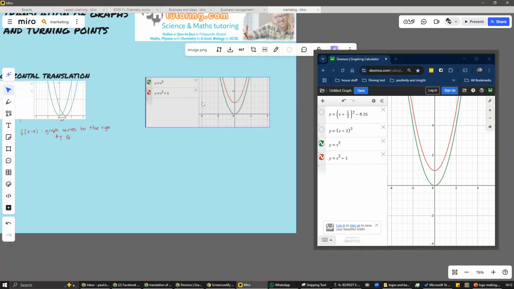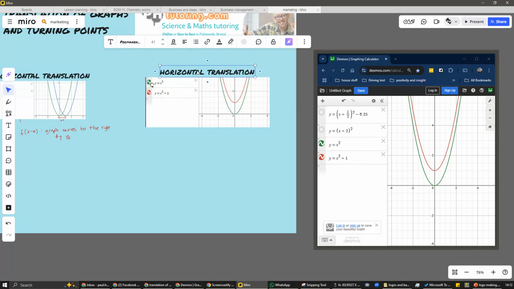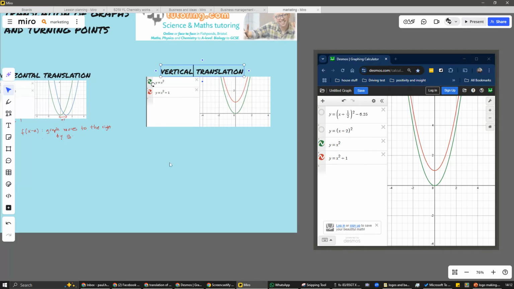The vertical translation is a bit easier to see and understand, because it doesn't do the opposite to what you would think, and you don't have to put anything inside brackets.